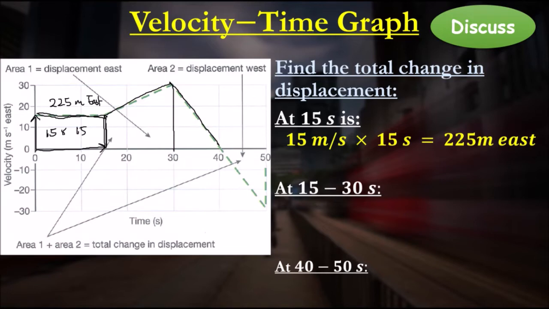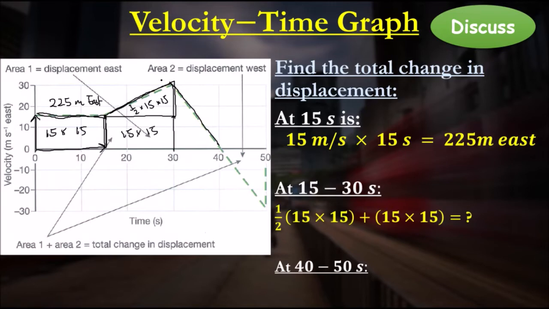Again, I can split this off into a rectangle, so it would be 15 times 15. And then this area here is a triangle. So the formula for a triangle, if you recall, is half times the length, which is 15, times the height, which is also 15.